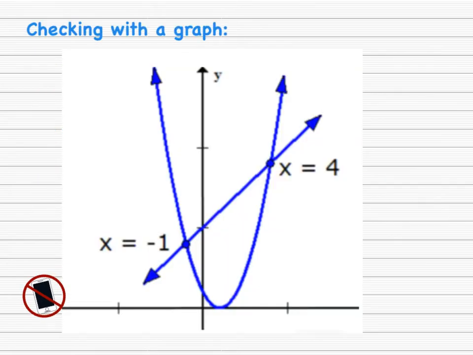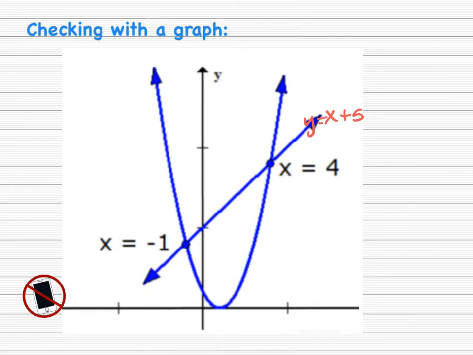So checking this with a graph, if I look back at my original inequality, I had x plus 5 on one side. This line right here, that's my x plus 5. That's y equals x plus 5.